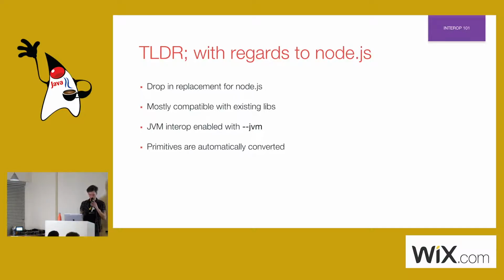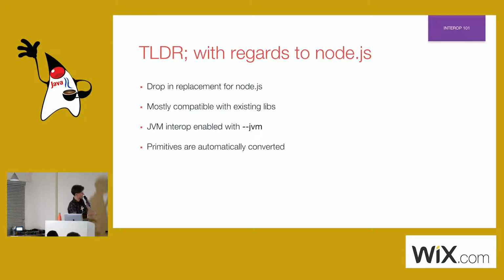And strings are also, well, they have a different API, but they're represented the same, I think. Pretty much everything else on the Node side, you just get a reference to the Java object, and you can invoke Java methods on it.